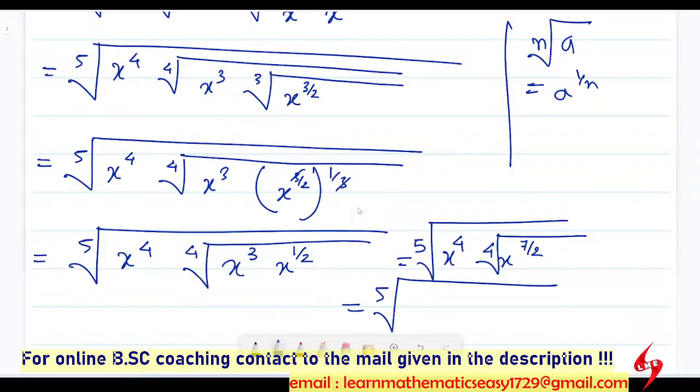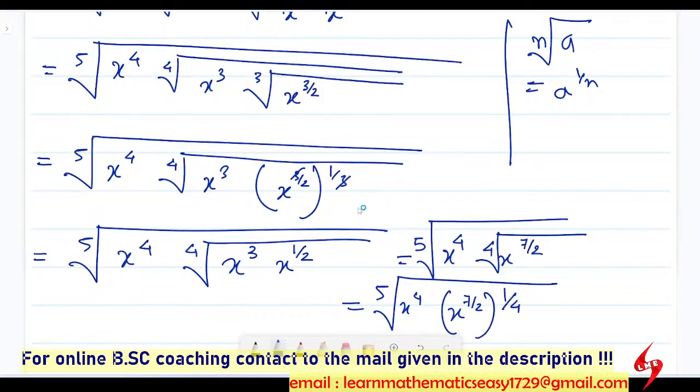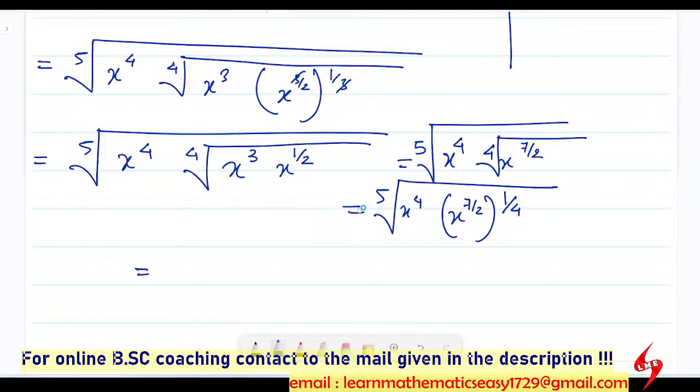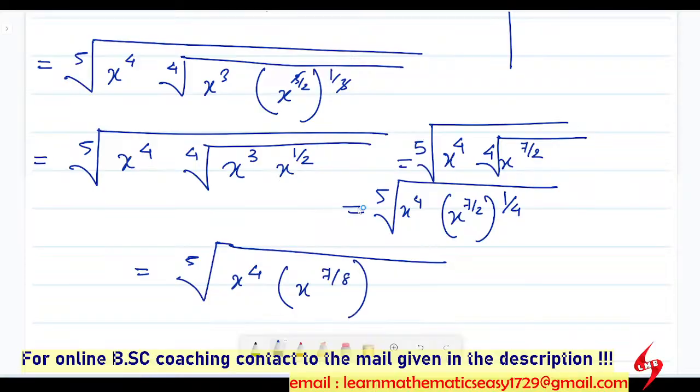Next, x to the power 4, here the power will be 7 by 2 whole to the power 1 by 4. That means the 5th root of x to the power 4, x to the power 7 by 8. Now again the power will be added.